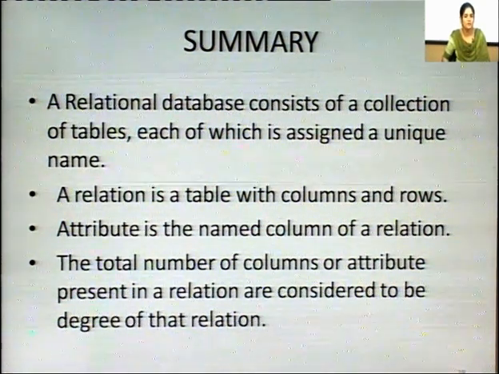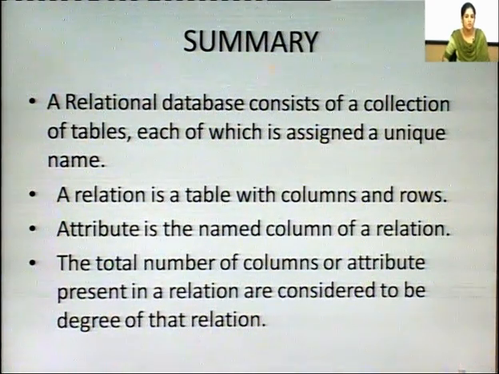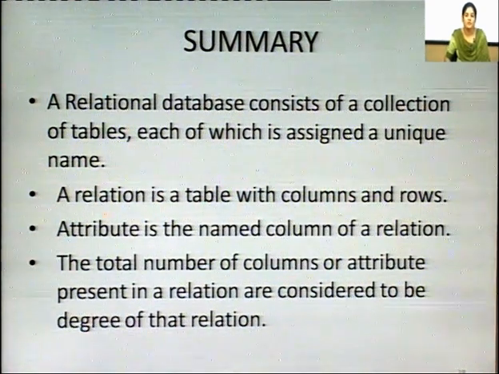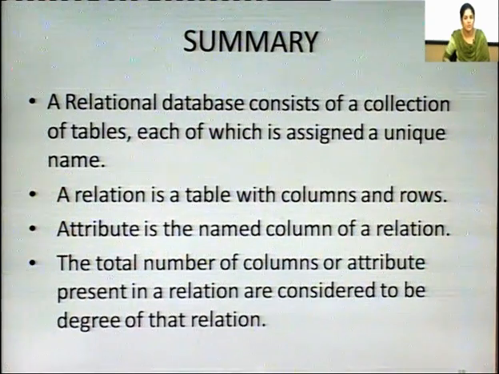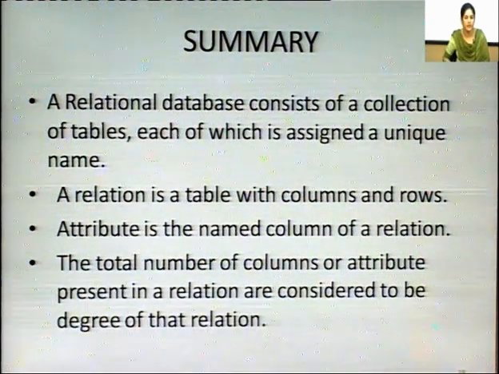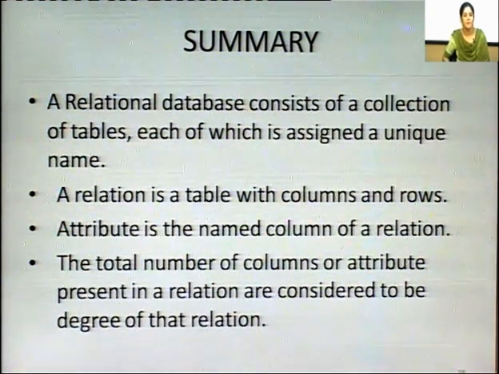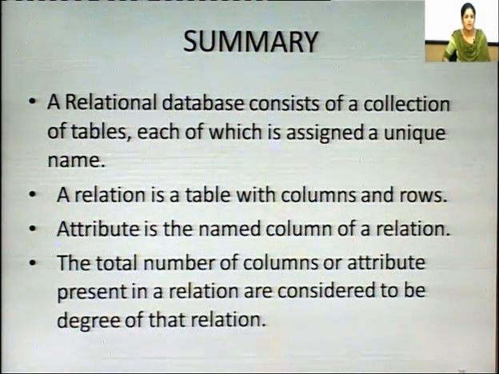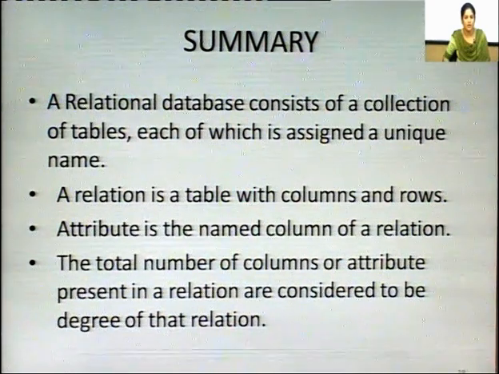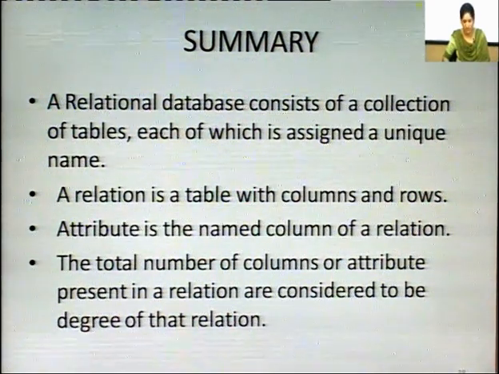Columns are called attributes and rows are called tuples or records of a particular table. An attribute is the named column of a relation. For example, if you are storing information about a student, the name of the student, address, and class will all be attributes of a relation. The total number of columns or attributes present in a relation is the degree of that relation.